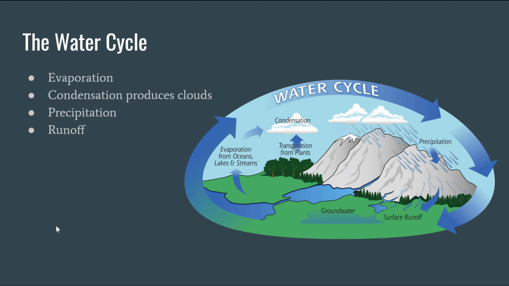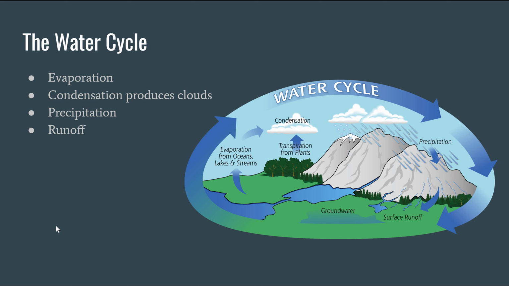Then our next phase is condensation, which is the process of a gas changing to a liquid. In the water cycle, water vapor in the atmosphere condenses and becomes liquid. Condensation can happen pretty high in the atmosphere or even at ground level. Clouds form as water vapor condenses around tiny particles, things like dust, salt, or pollutants.